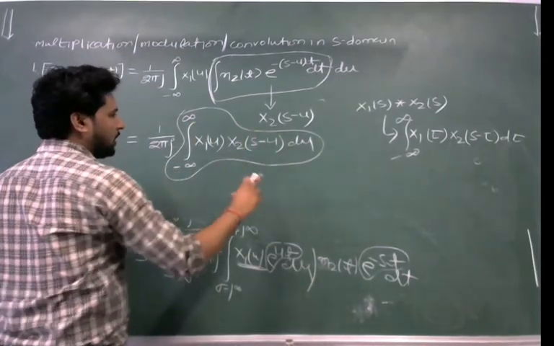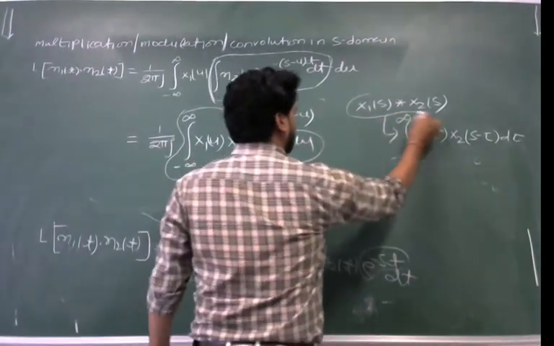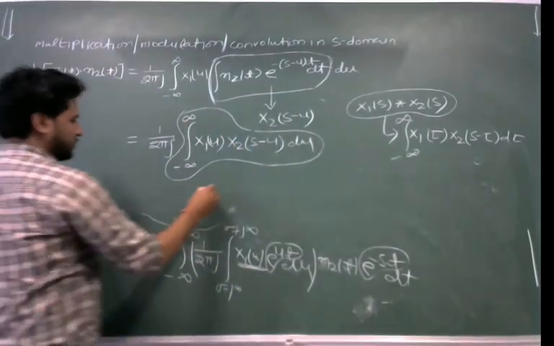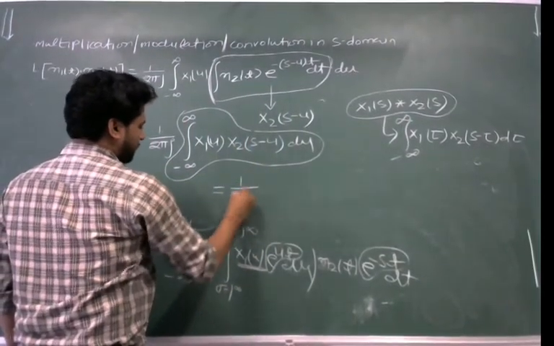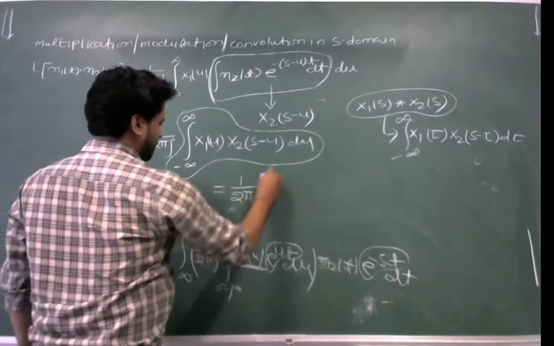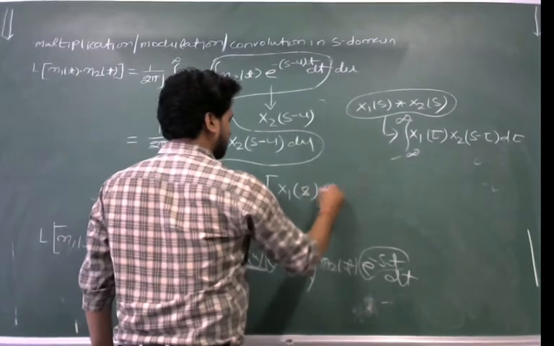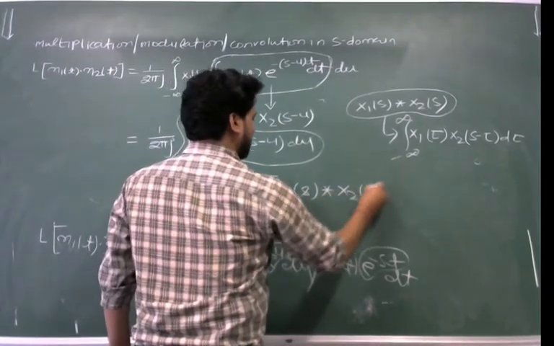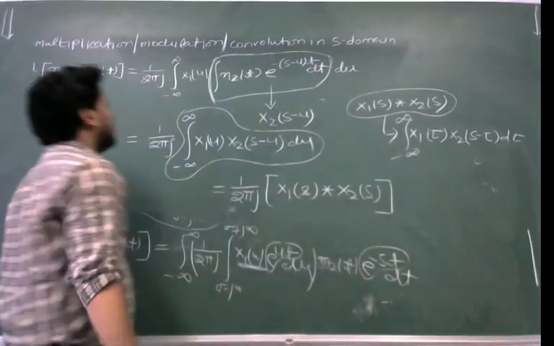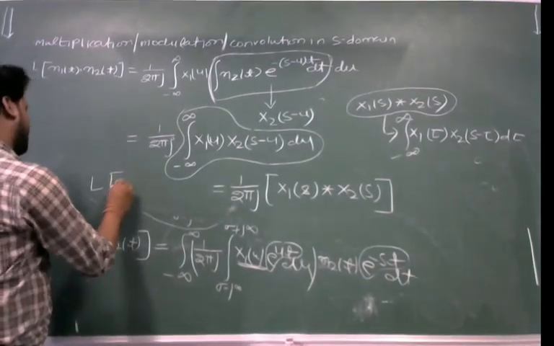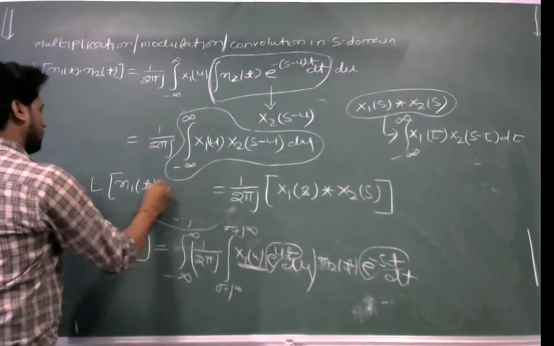So this can be written as 1 by 2 pi j X1(s) convolution with X2(s). It means that this is the Laplace transform of x1(t) into x2(t).